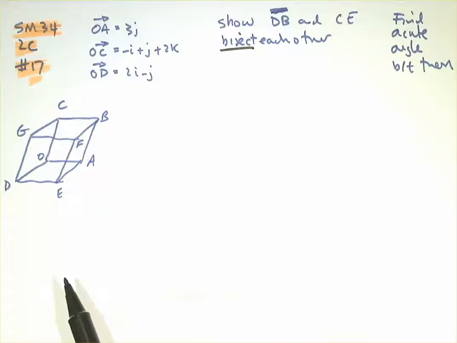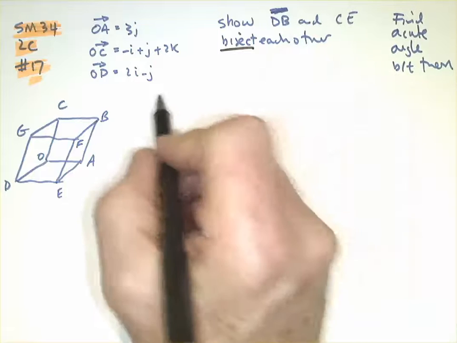Okay, since I need DB and CE, I'd like to find expressions for them.